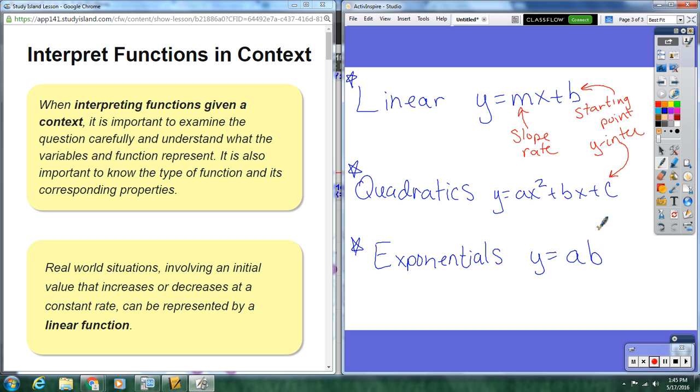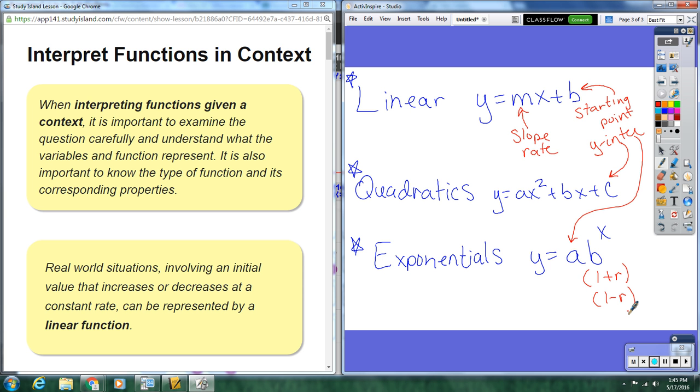And which was the starting point on that one? A is the starting point on that one. And remember that B is either a 1 plus r or a 1 minus r, whether it's increasing or decreasing, the rate.